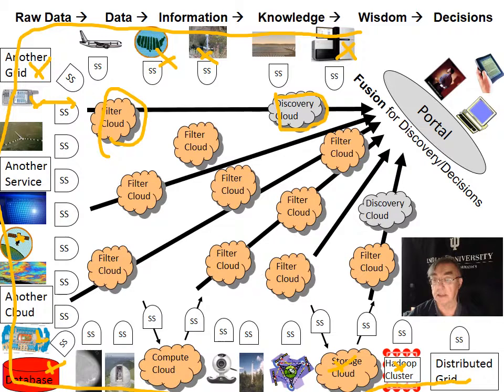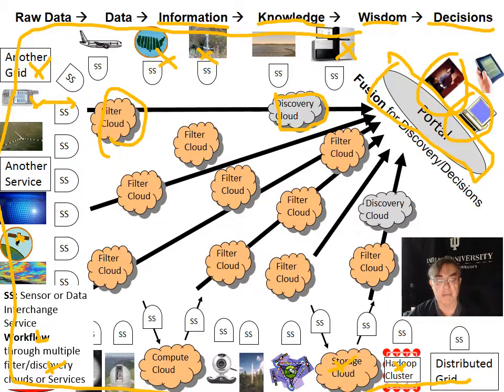Then it all ends up somewhere where people look at it and make decisions. This exhibits the well-known pipeline: raw data becomes information, becomes knowledge, becomes wisdom, becomes decisions. I sometimes call this a DIKW pipeline: data, information, knowledge, wisdom.